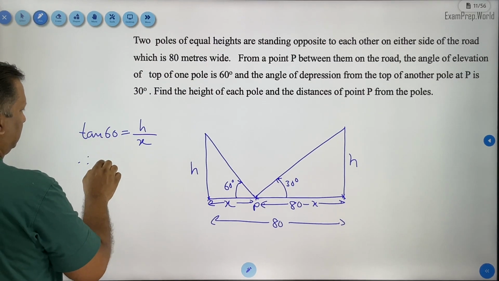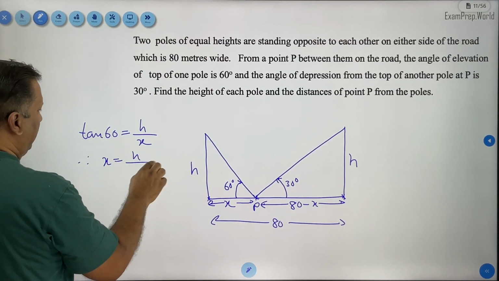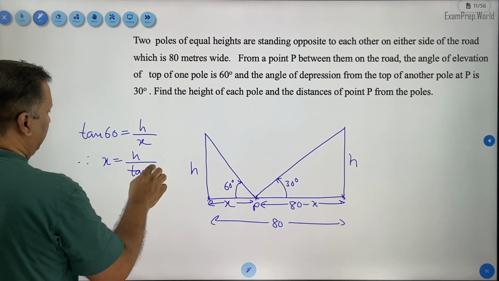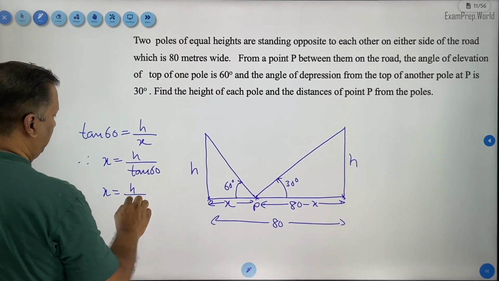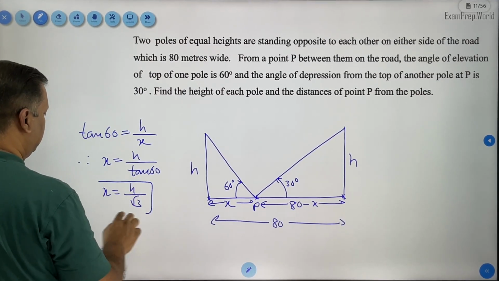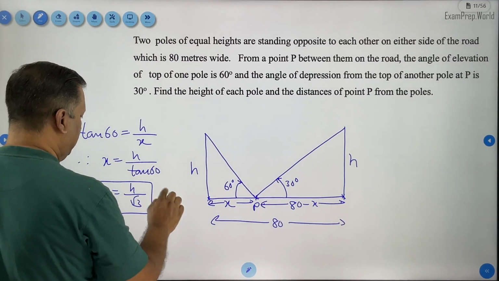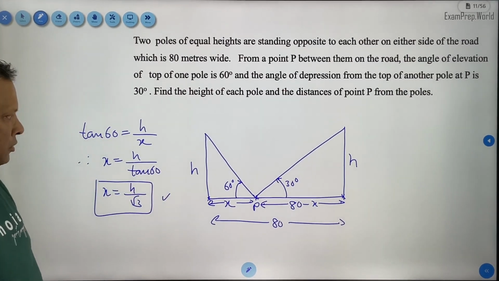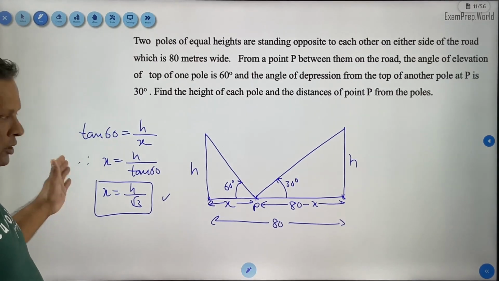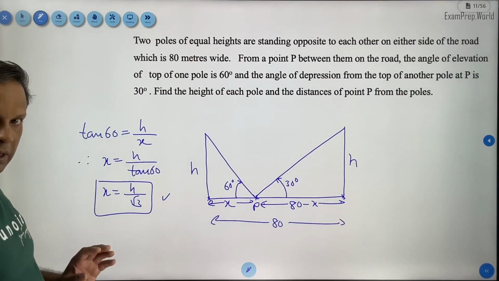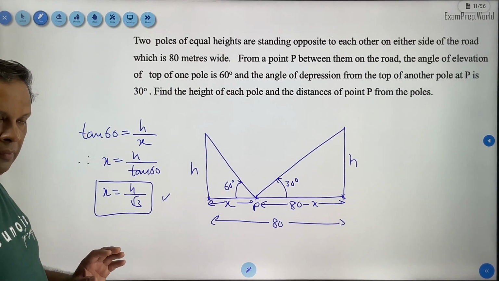Therefore x equals h by tan 60, x equals h upon root 3. Hold here. Okay, we have done half. Now come to the next triangle. Copy this at this stage, pause the video, copy it.